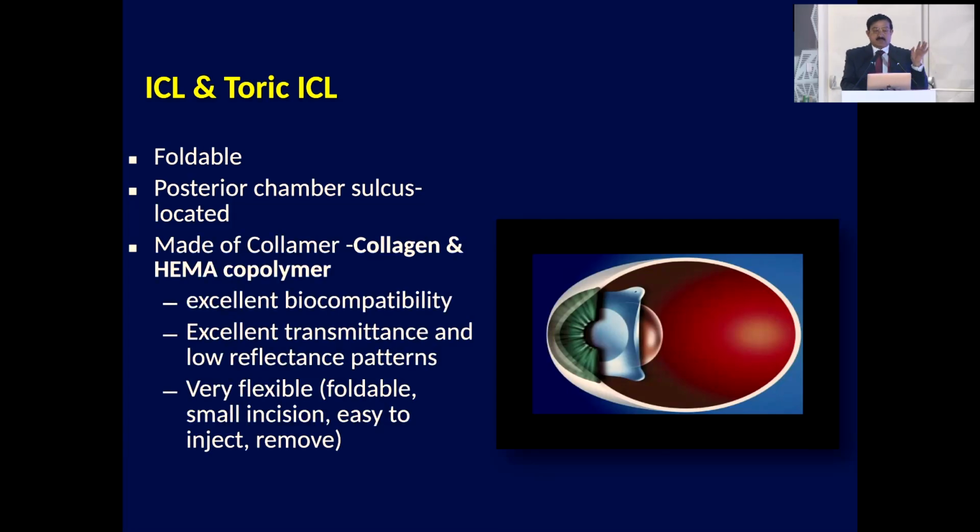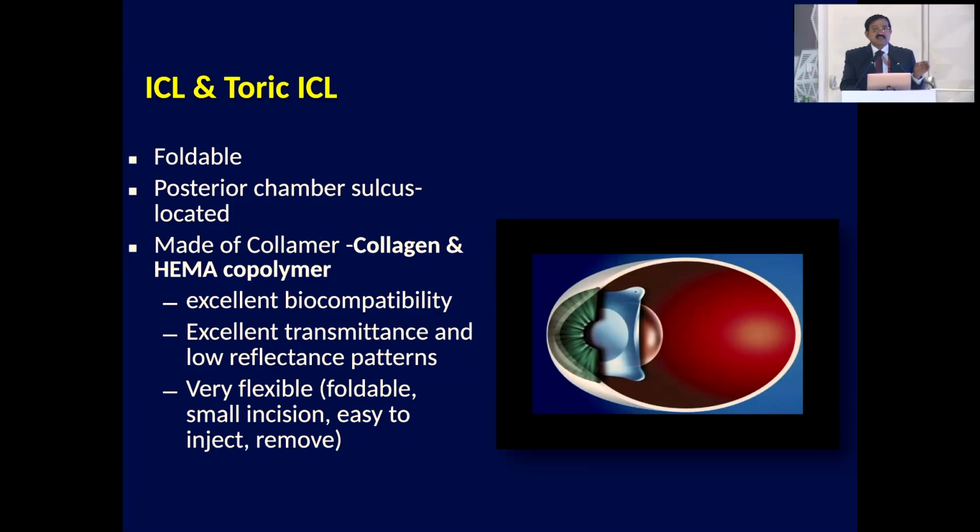They are supposed to be in the posterior chamber, the sulcus, and that is where they have to be posted atraumatically. The Collamer material, though it looks very thin, very flimsy at times, is actually a very tough material. But again, there is a limit for the toughness of the material also.